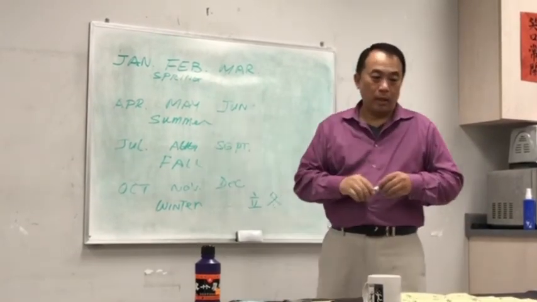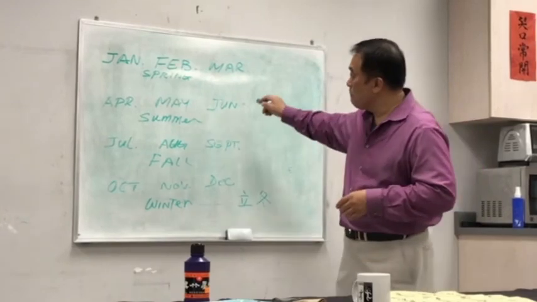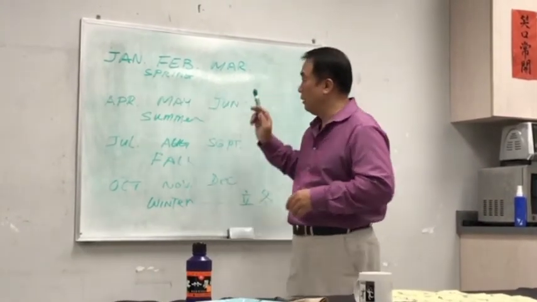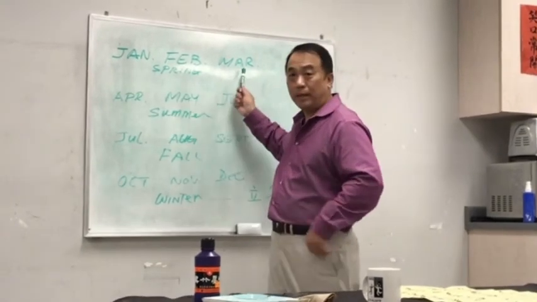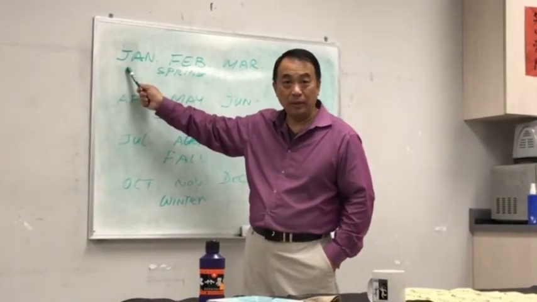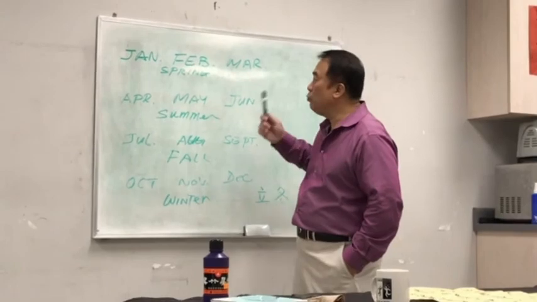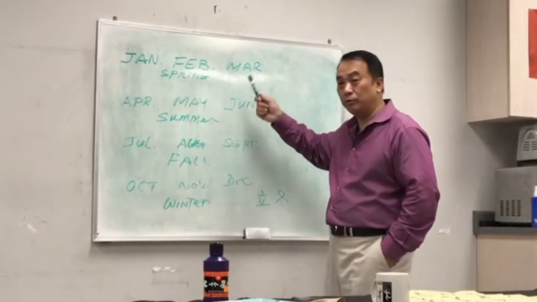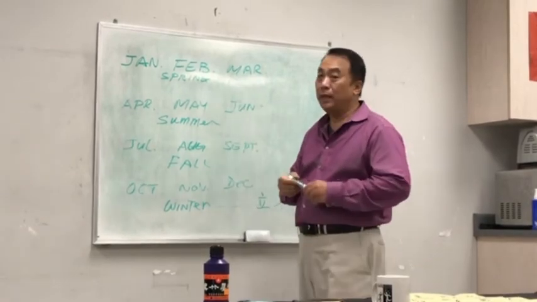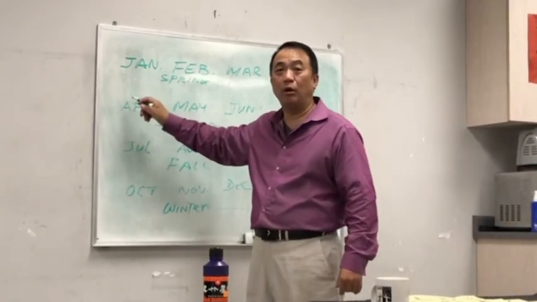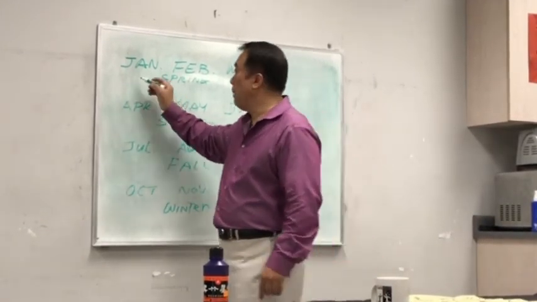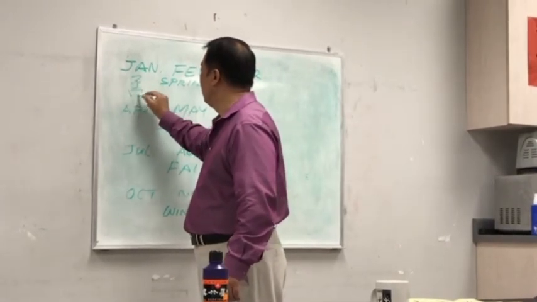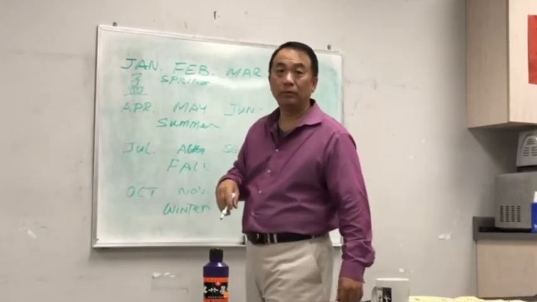And then each month represents a season. So the first month of spring is January. The second month of spring is February, right? The third month of spring is March. So in Chinese, we don't call it the first month of spring, we call it Meng, Mengzi de Meng, meaning first month.